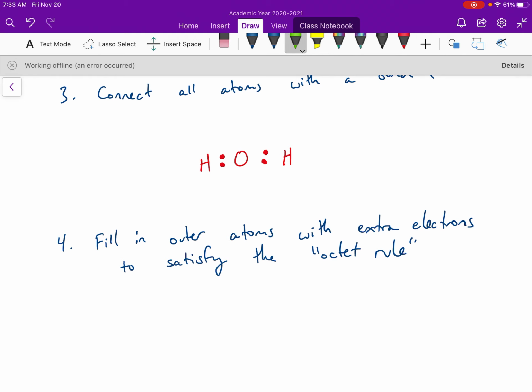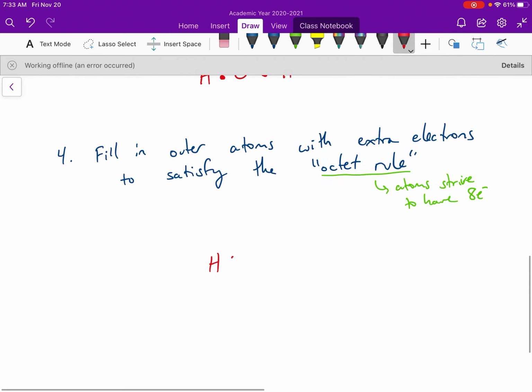The octet rule basically says that atoms strive to have 8 electrons in their outermost shell. Again, the one exception being hydrogen. It's often referred to as the duet exception because hydrogen can only take 2 electrons. So we're going to fill in the outer atoms with the extra electrons to satisfy the octet rule or the duet rule.